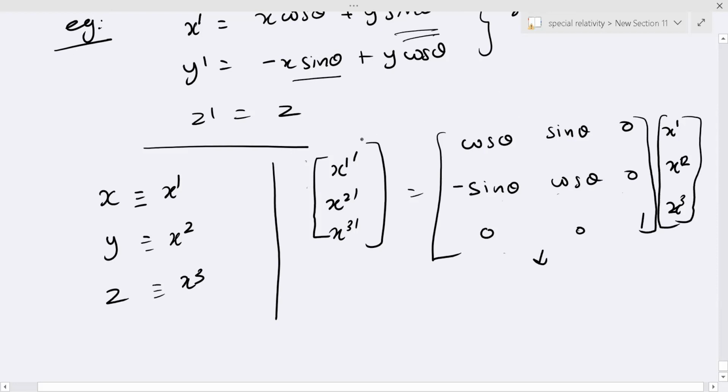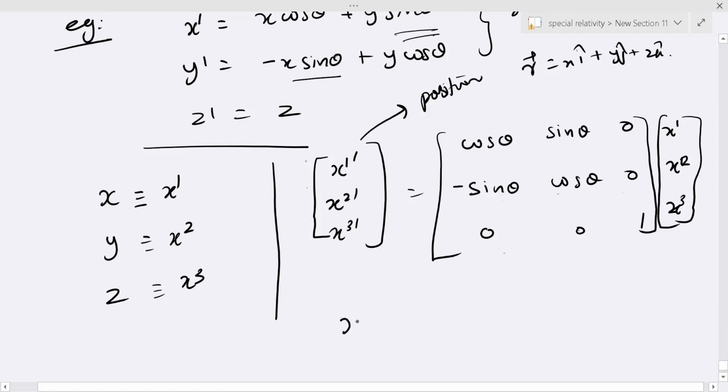This is just the components of a position vector, r vector equal to x i plus y j plus z k. The rotation matrix could be a general matrix, but it has to be a rotation matrix, which has properties.